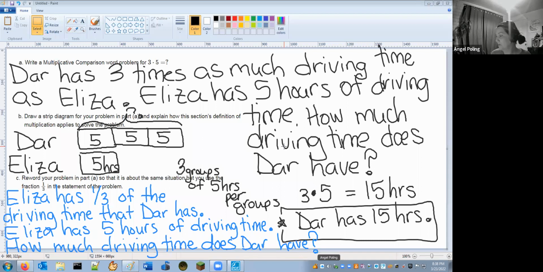Same scenario, same drawing, but we're using the fraction 1/3 instead of 3.